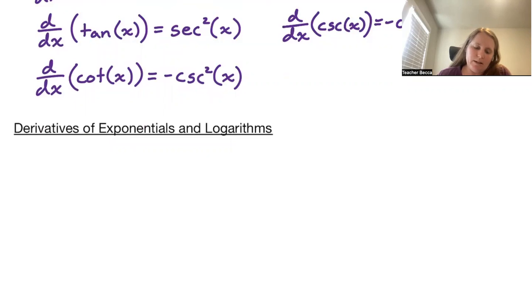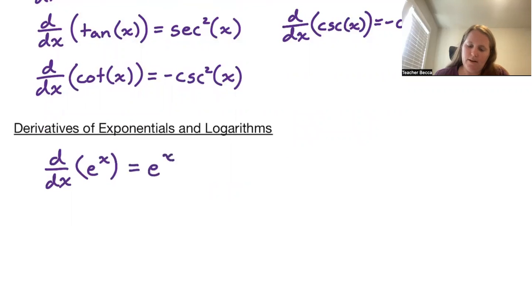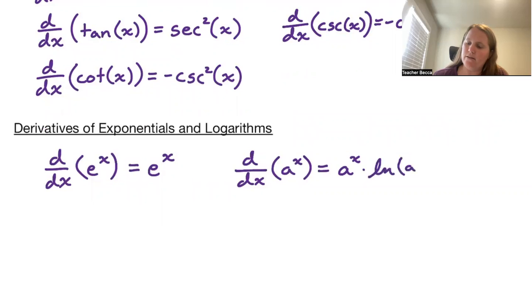Our most basic exponential derivative, of e to the x, is just e to the x. Generic or general exponential, the derivative of a to the x is a to the x times the natural log of a.